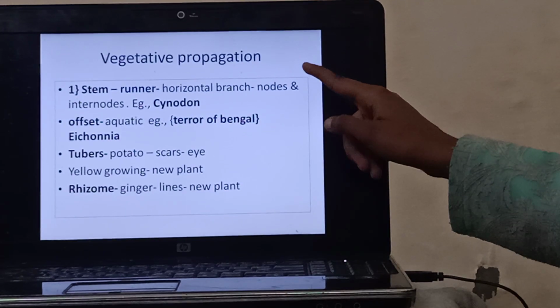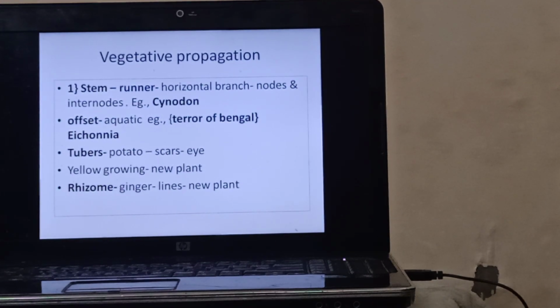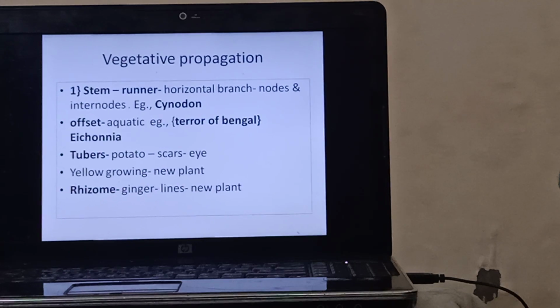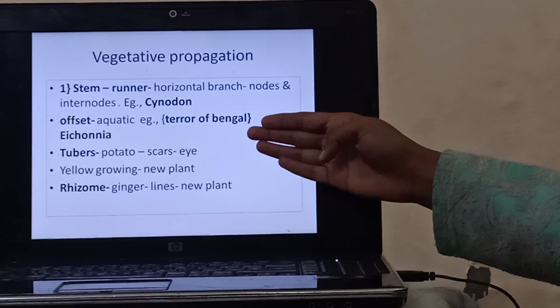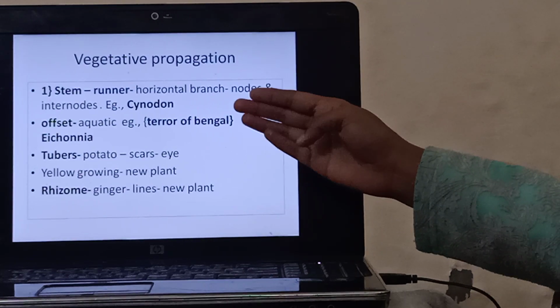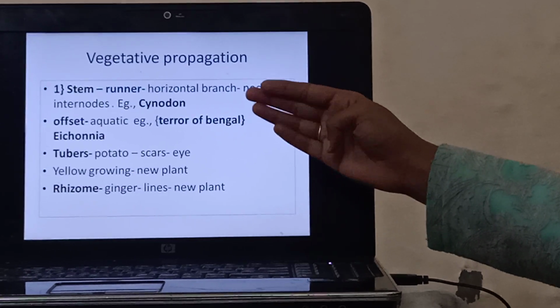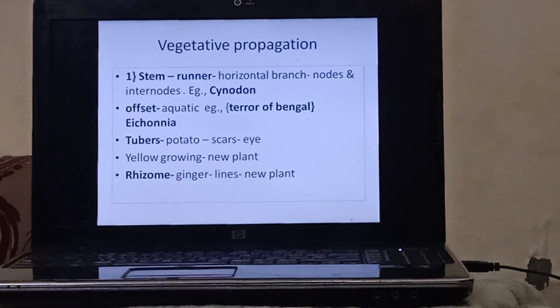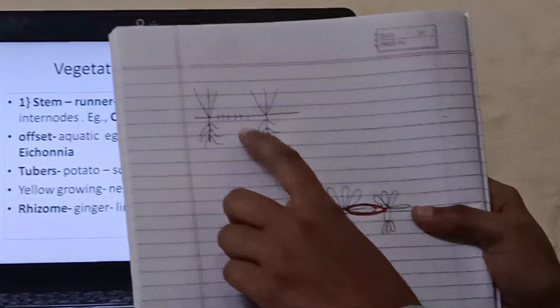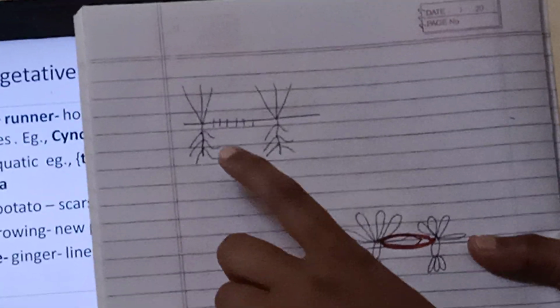Next, we will study vegetative propagation. Vegetative propagation occurs by various methods: stem, tubers, and rhizome. Firstly, we will study the stem. In the stem, the first example is the runner. This is an example of a runner.